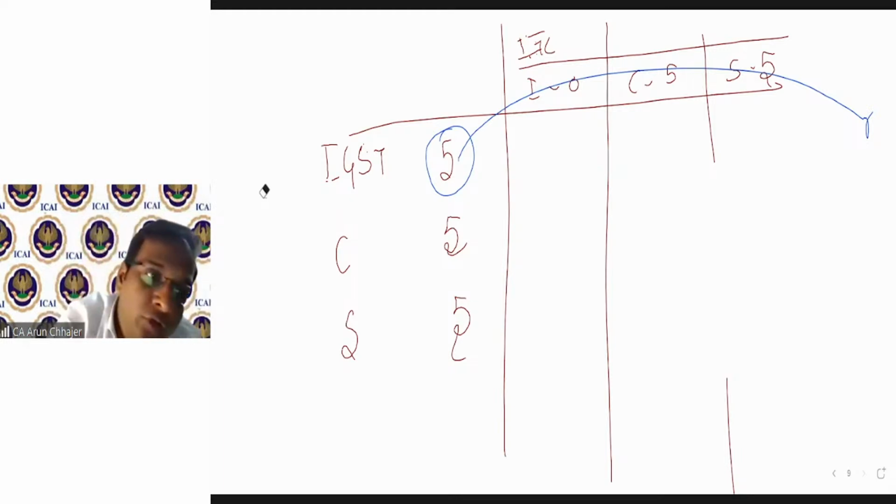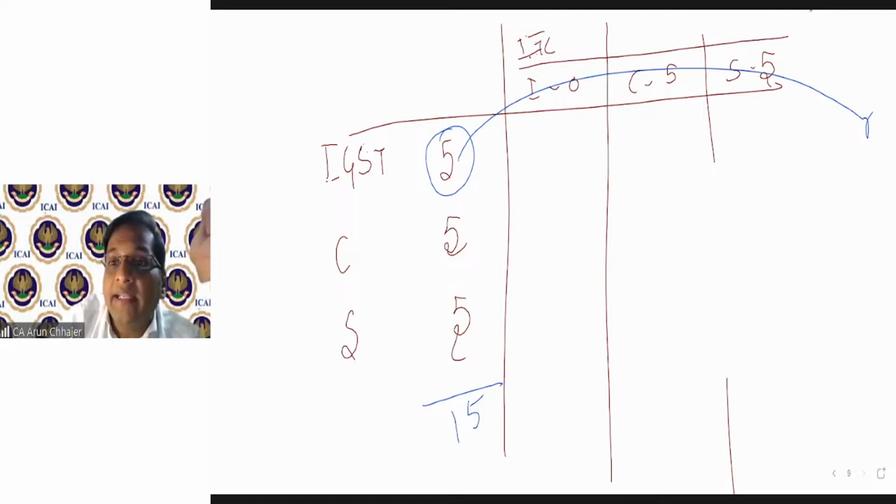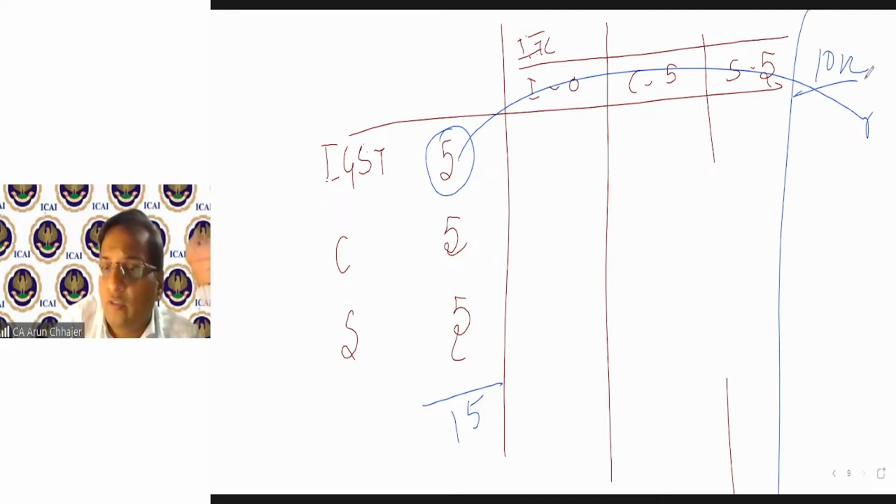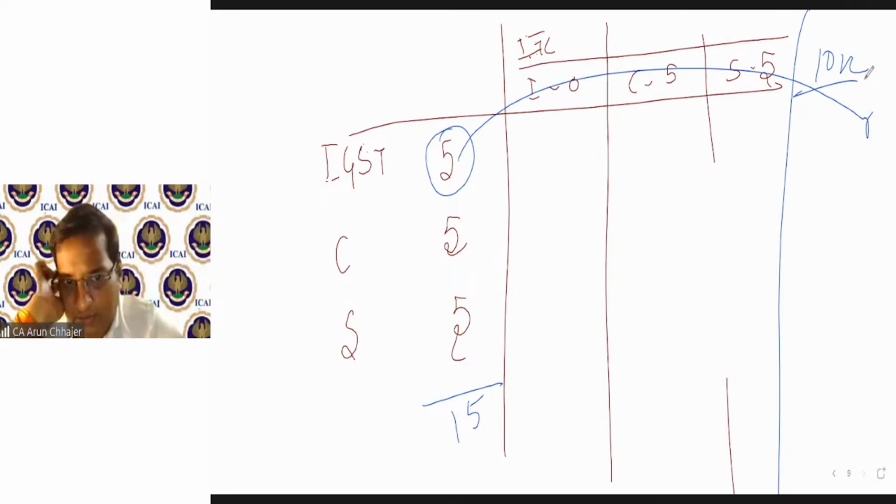Now I know that total is 15,000 का liability. Total ITC is only 10,000. So 5,000 we need to deposit in cash. So my question is, in which head do I have to deposit?